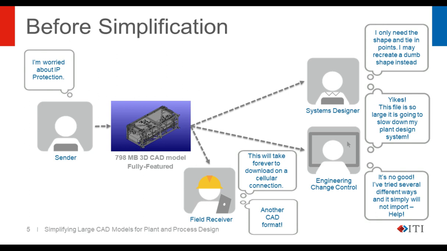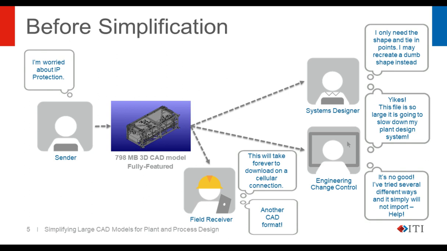But they all have issues. The sender of the data is worried about protecting his IP. He doesn't necessarily want to send out a fully featured CAD model. The systems designer, well, he's seen how big the file is straight away. 800 megabyte file, he knows it's going to be a problem. He knows it's going to slow down his plant design system.